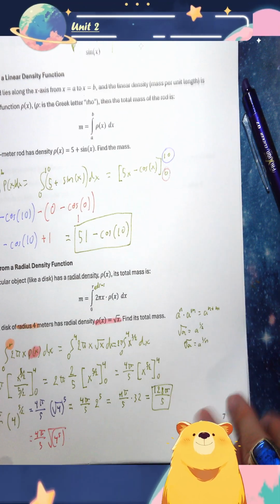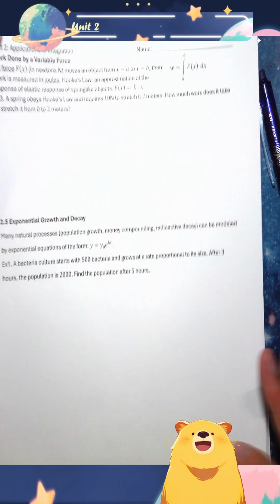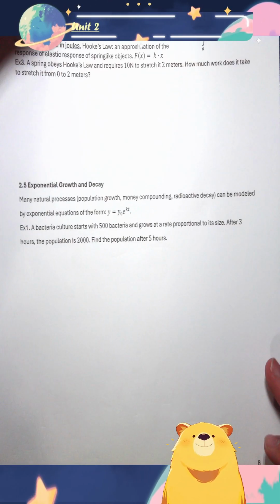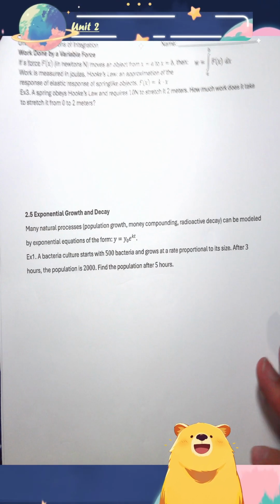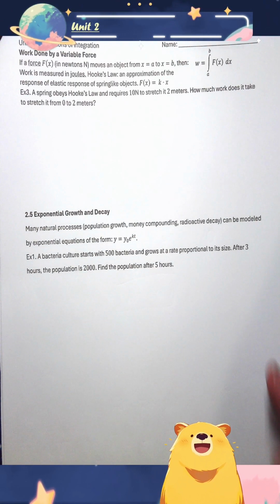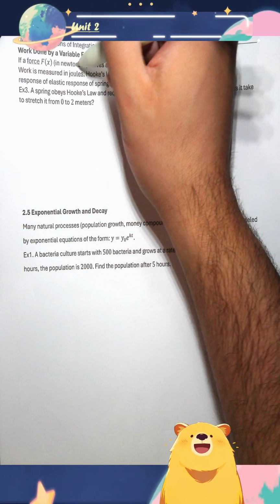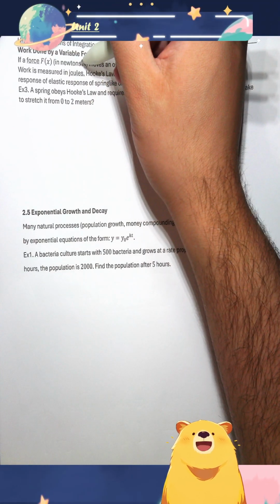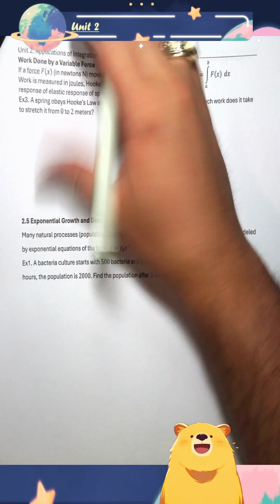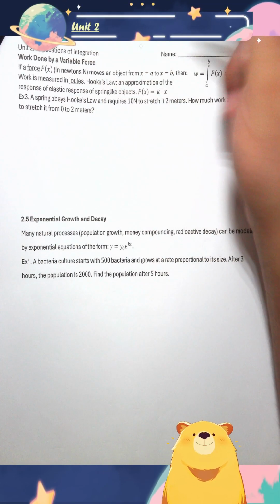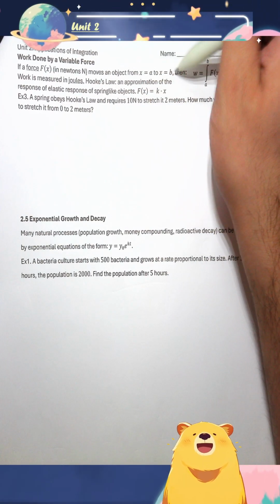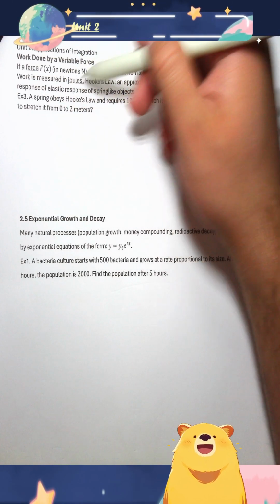Alright. Next, the last form of application here. Work done by a variable force. If a force f of x, which produces newtons, moves an object from A to B, then work is measured in joules.